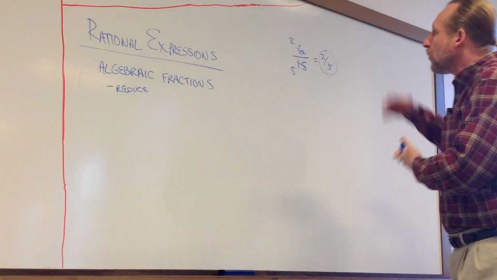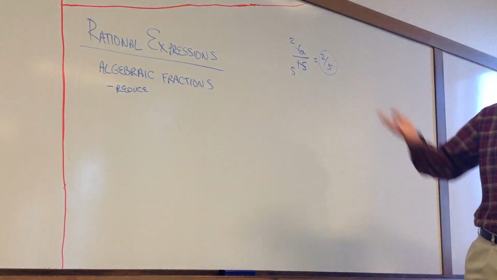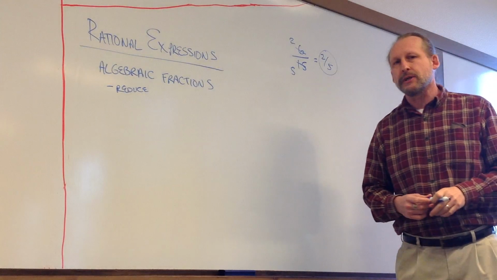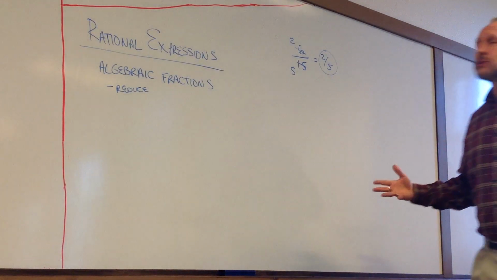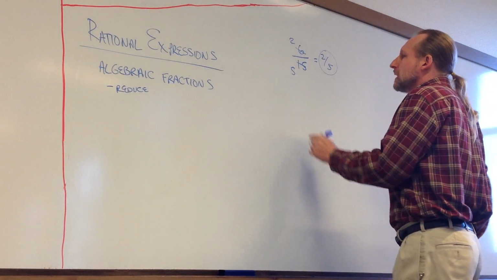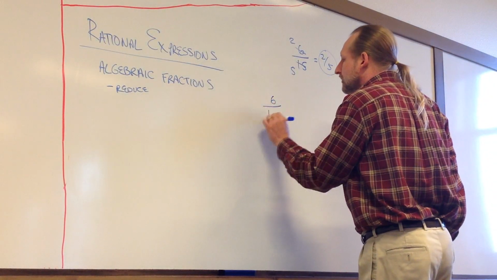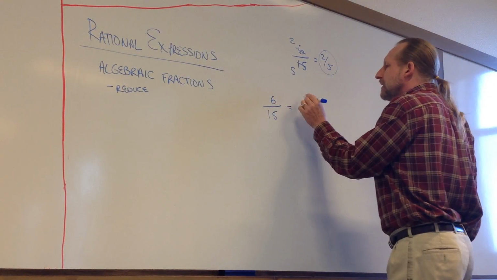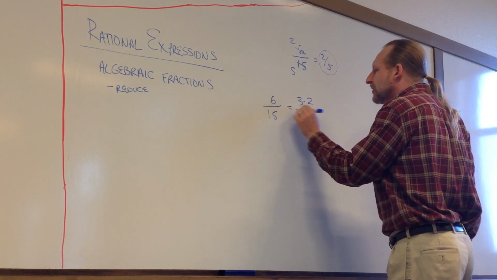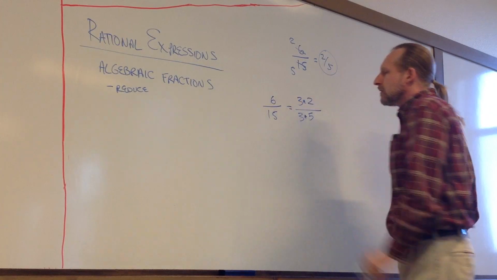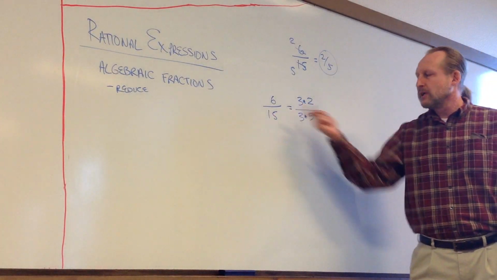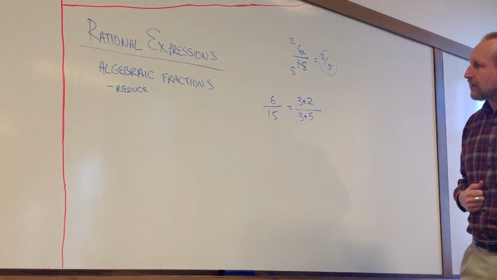Now the question is, what exactly is going on here when you divide those numbers by 3? Let me try to show you what is going on here, okay? The idea is that the 6 and the 15 both share a common factor of 3. The 6 is 3 times 2, the 15 is 3 times 5.